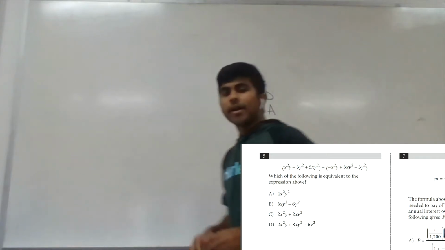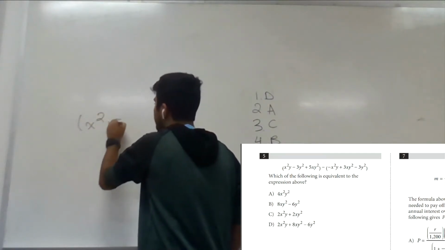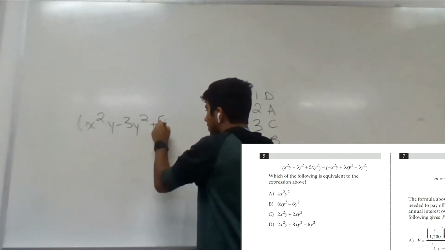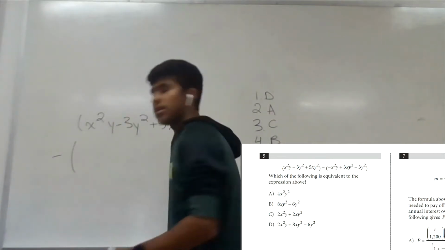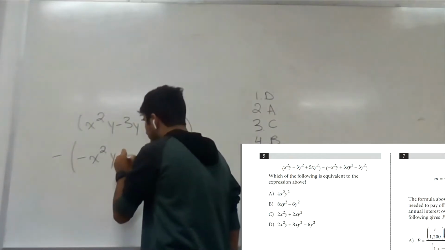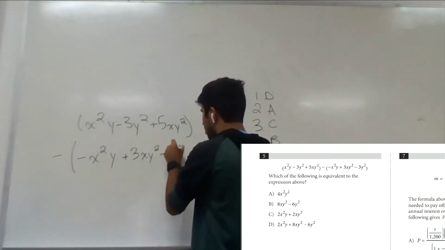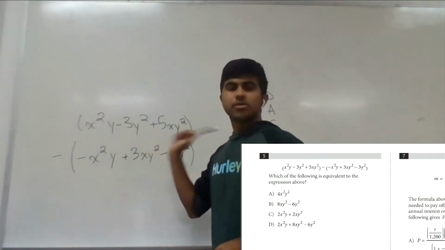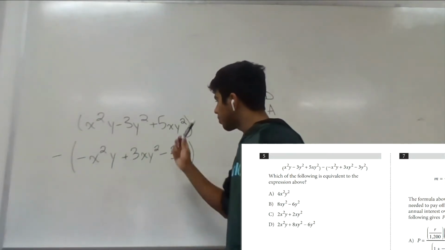Alright, so for the next question we are given x squared y minus 3y squared plus 5xy squared minus, in parentheses, negative x squared y plus 3xy squared minus 3y squared.